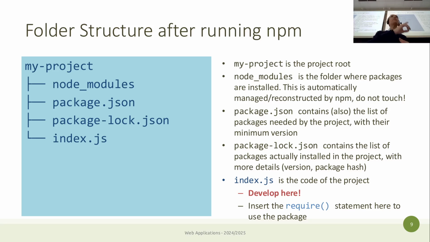One of you asked me before starting the lecture, should we put all the files we develop in the same folder? How do we manage this list of packages and so on? Well, my recommendation is a new project, a new folder, and so a new package.json file that is the list of packages needed by that project.